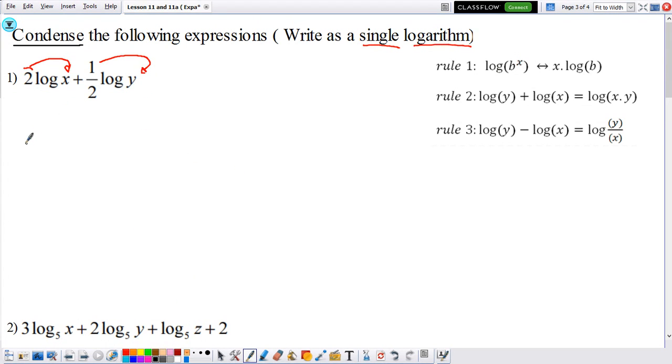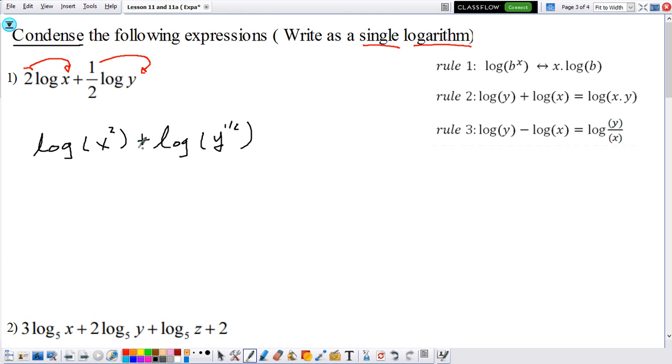So if we do that correctly, we should obtain log x to the second plus log y to the 1/2. So notice that we don't have any coefficient in front of the logarithm.